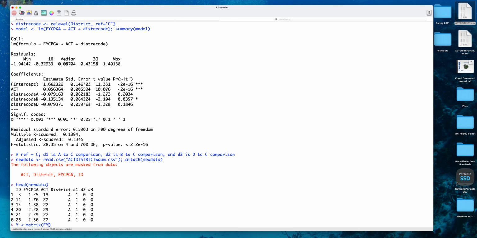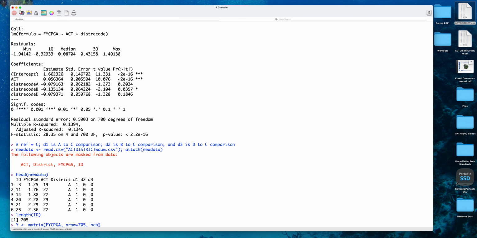So my Y is going to be matrix, first-year college GPA, in row is 705, in column equal 1, by row equal false.